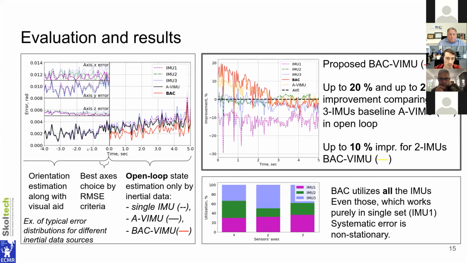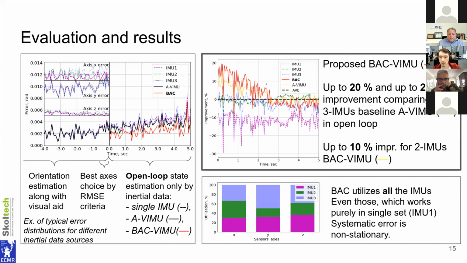At the end of this stage, our approach tries to choose the best axes, and with these best axes we provide state estimation in open loop. We also estimate state in open loop with single IMUs and our baseline, the average virtual IMU.